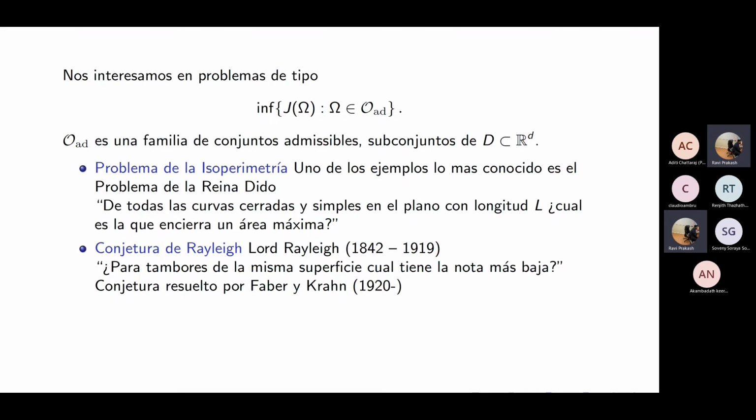And the question is, given a drum of some shape, so the drum is fixed on the boundary, and when you excite the drum, it has some modes of vibration, and the lowest frequency is the base frequency.